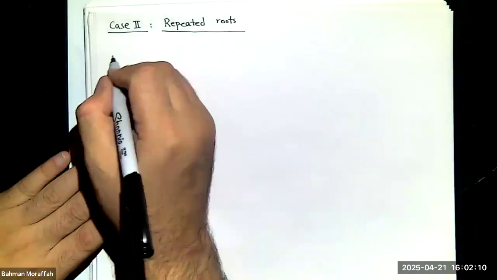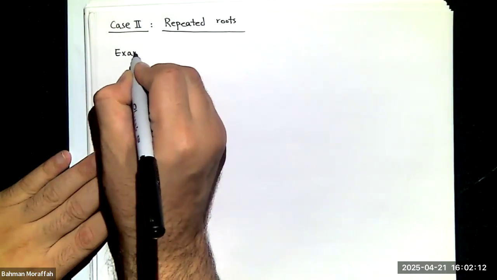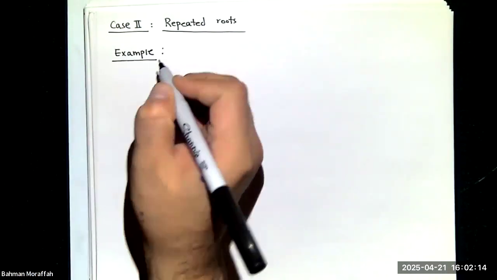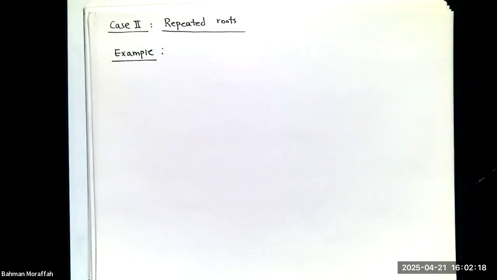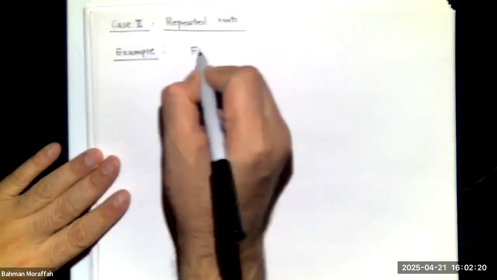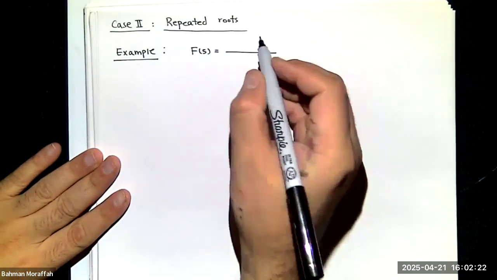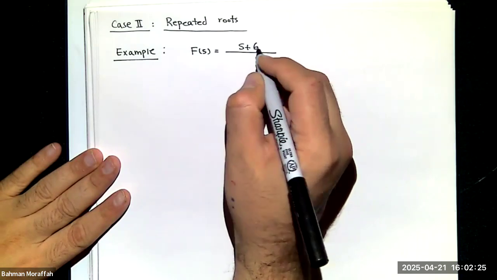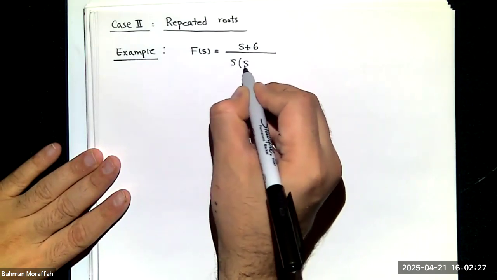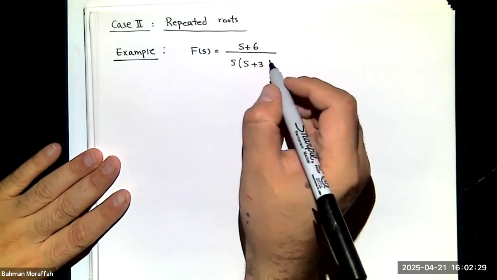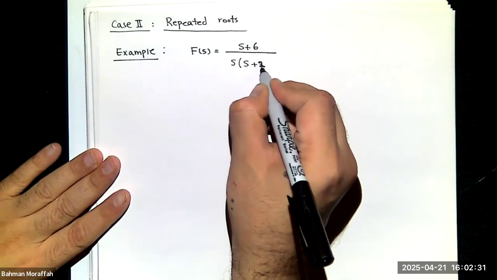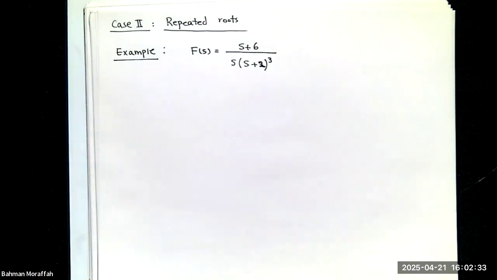So let's just assume I have F of s, which is s plus 6 divided by s times s plus 2 to the power of 3.